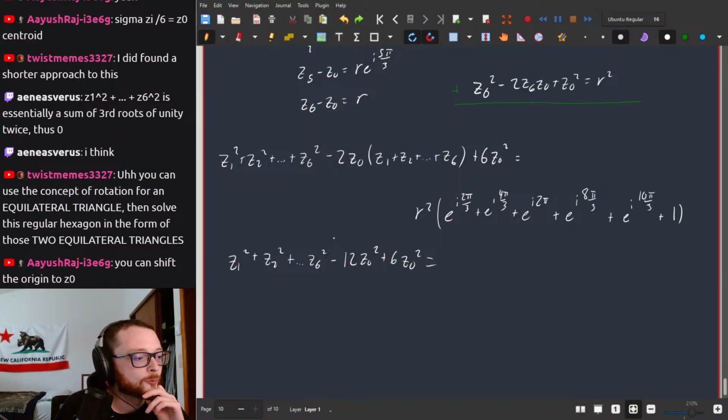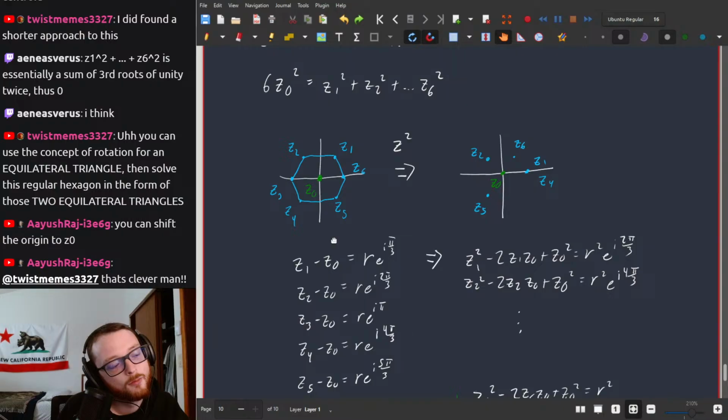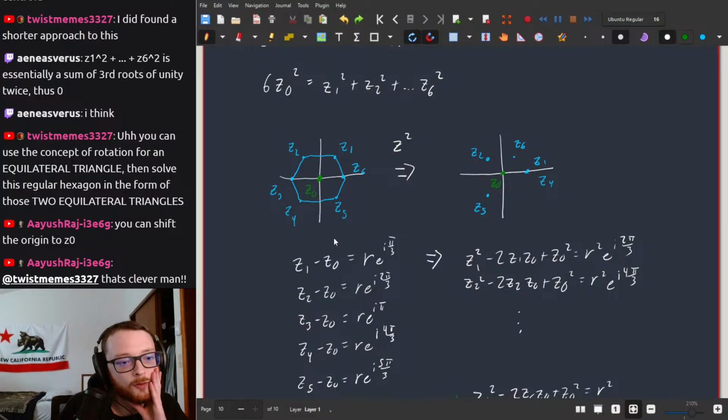For an equilateral triangle. I know you can split a hexagon up into 6 equilateral triangles.